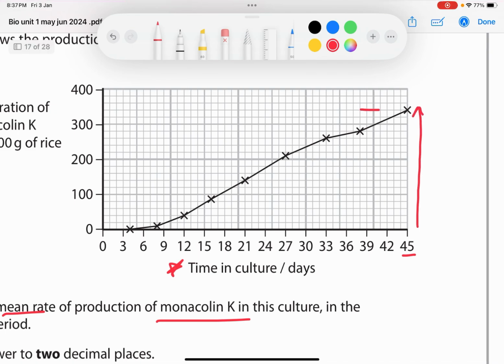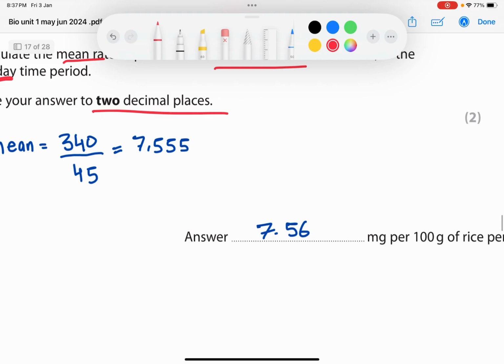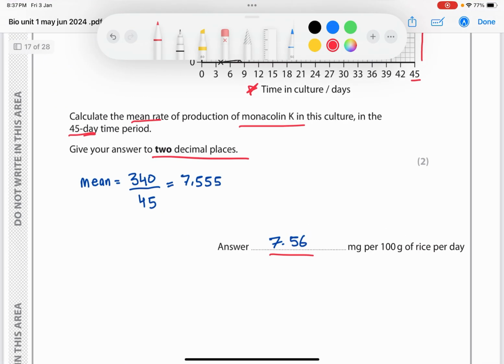We're just going to see what value is right over here. This is 320. This is 340. Therefore, it's going to be 340 divided by 45, which gives us 7.5. And it says give the answer to 2 decimal places. Therefore, we're going to round it up, and the answer is 7.56 milligrams.